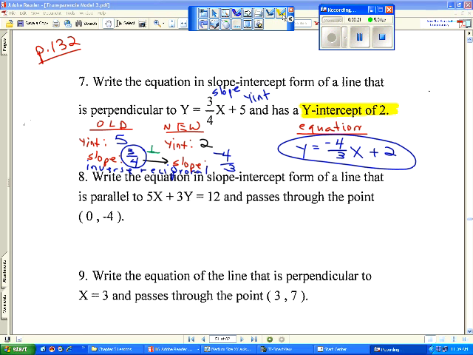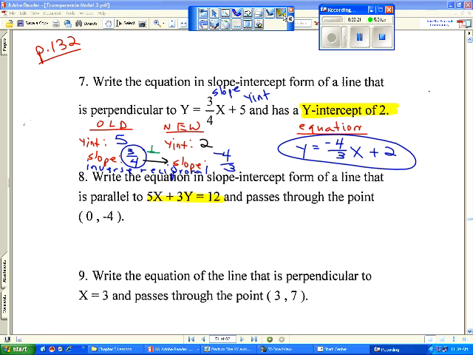Parameter changes involving parallel and perpendicular lines. They got that? Number 8, write the equation in slope-intercept form of a line that is parallel to 5x plus 3y equal 12.